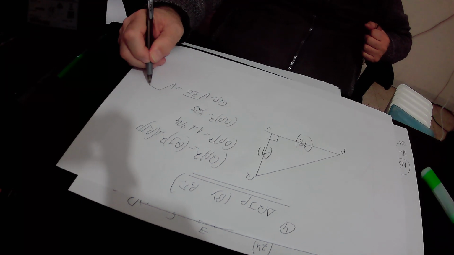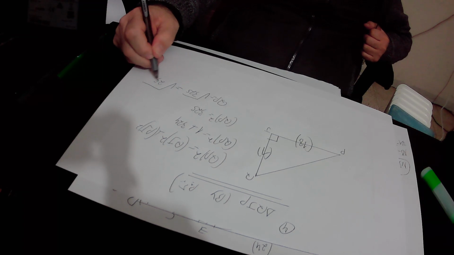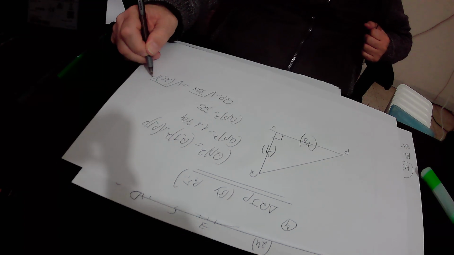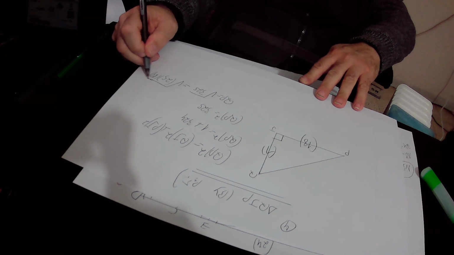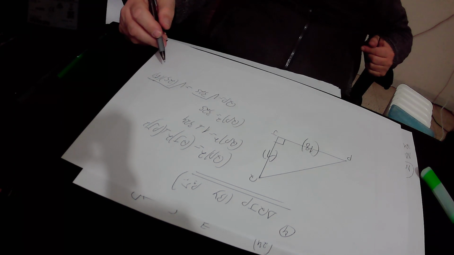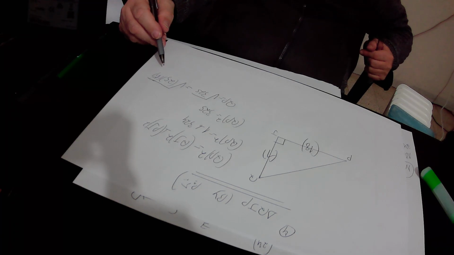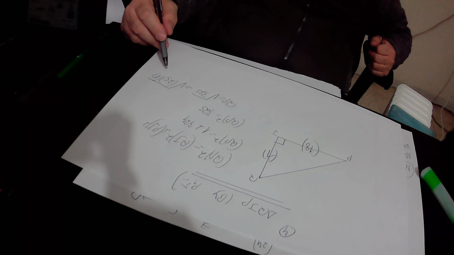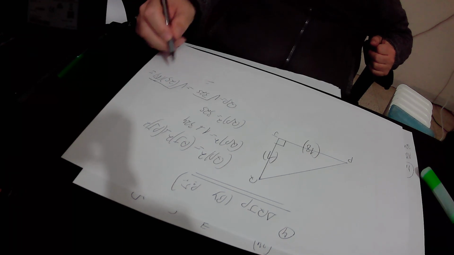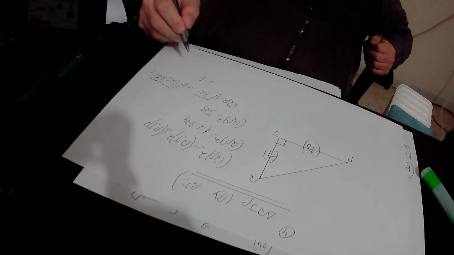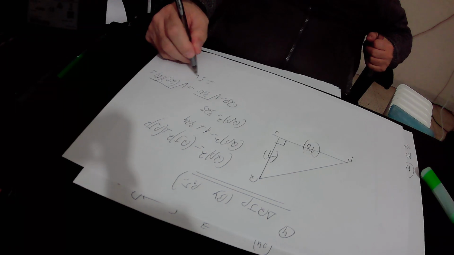But 325 is 25 times 13. We can take 25 out of the root, because the square root of 25 is 5. Inside the root, we are left only with 13.